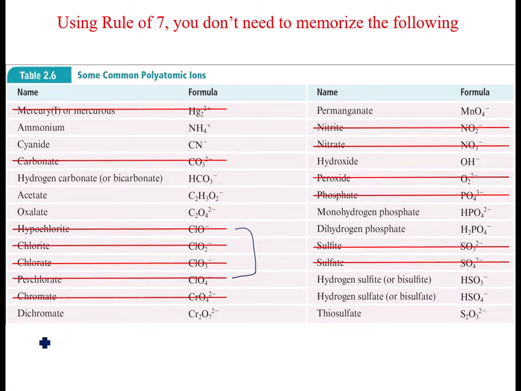Okay, so there's the 4 with chlorine, but it also happens with BrO minus, which is hypobromite. Because bromine's on the 7, it takes 2 to make ite. So then I have BrO2 minus, which is bromite.